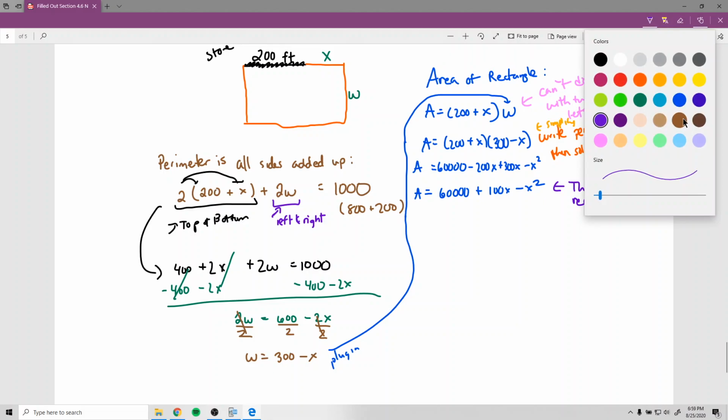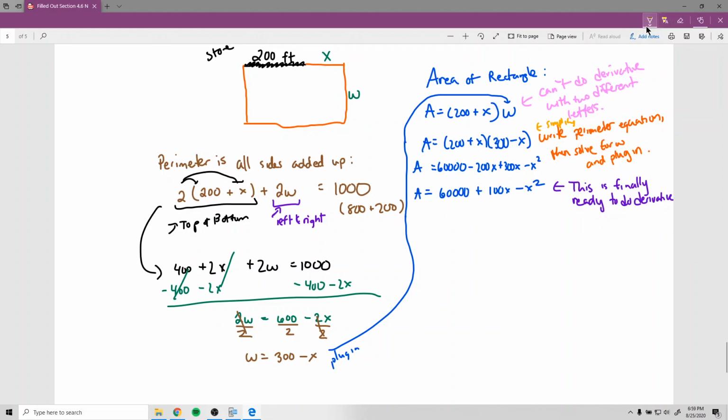All right, so you can just do the derivative. You can write the notation, dA over dx or something. Maybe I'll write it that way. But if we do the derivative here, derivative of 60,000 is 0. Derivative of 100x is 100. And the derivative of x squared is 2x.